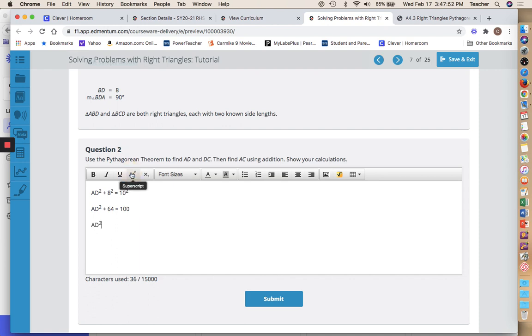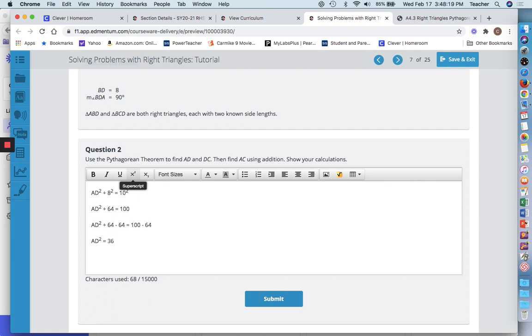I'll show you the steps. AD squared plus 64 minus 64 equals 100 minus 64, because I subtract it from both sides. So now I've got AD squared, and 100 minus 64 is 36.